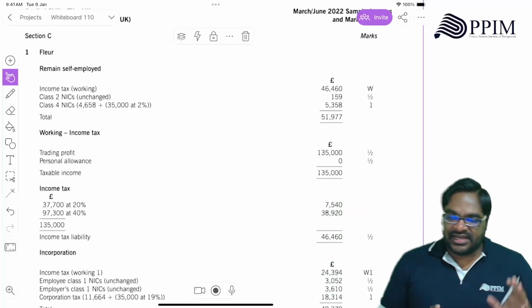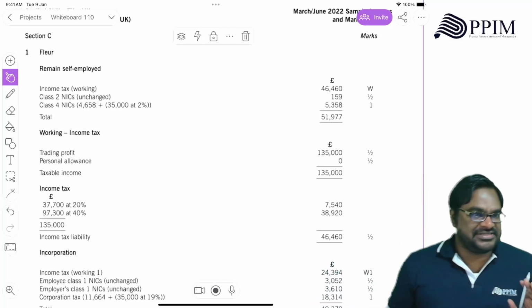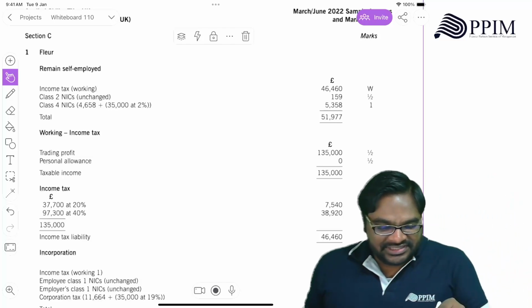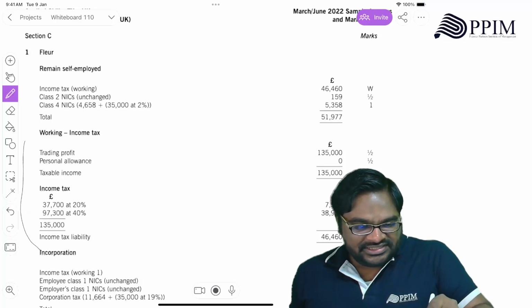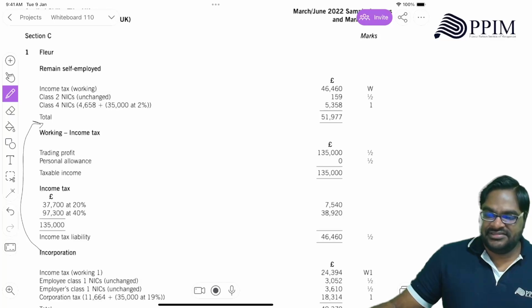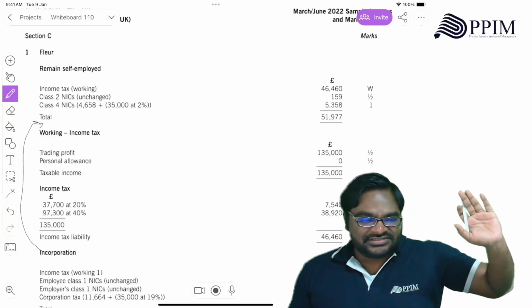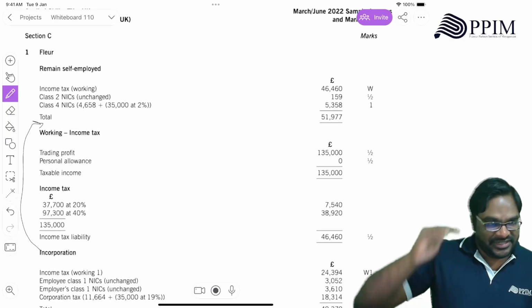What I would suggest is to change this presentation slightly. Take this part to the top. Take this also to here. First give, if she is self-employed, what will happen? Give the summary.